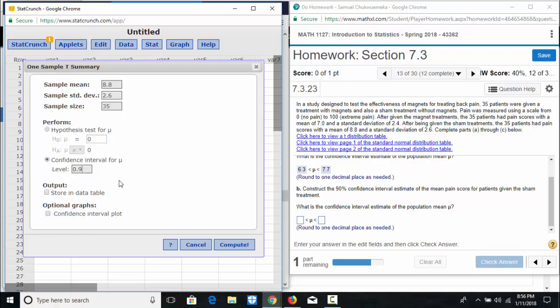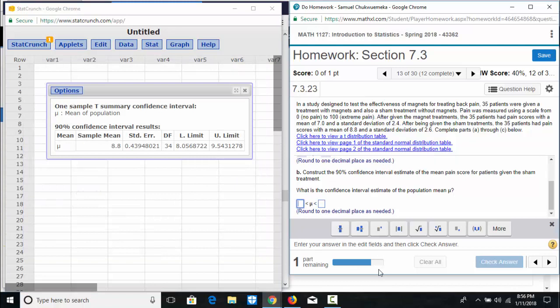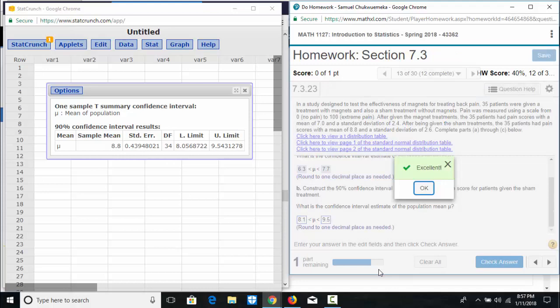And we construct a 90% confidence interval. So it's 0.90 as the confidence level. And you click compute. The lower bound to 1 decimal place is 8.1. The upper bound is 9.5. Okay.